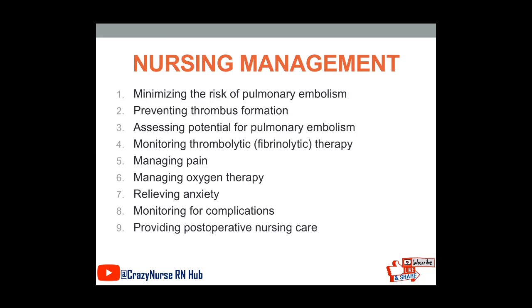We also have providing post-operative nursing care. If the patient has undergone surgical embolectomy, the nurse measures the patient's pulmonary arterial pressure and urinary output. The nurse also assesses the insertion site of the arterial catheter for hematoma formation and infection. Maintaining the blood pressure at a level that supports perfusion of vital organs is very crucial.